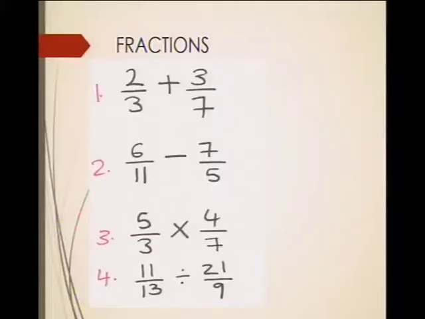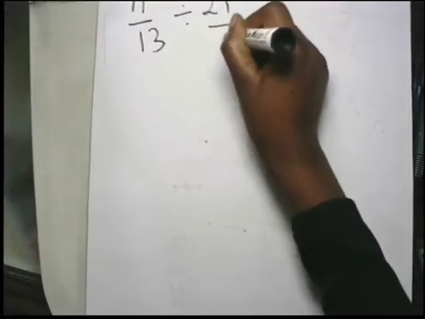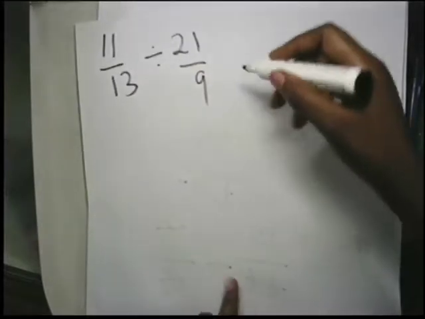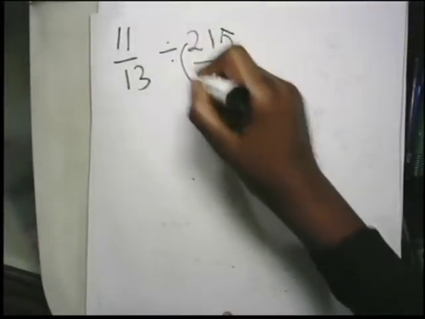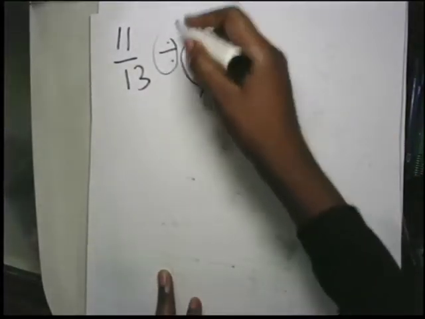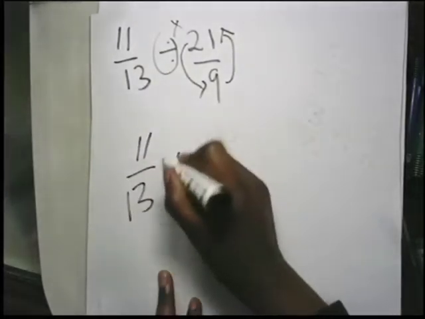When it comes to division of fractions, we have 11 over 13 divided by 21 over 9. Okay? The rule here is you have to reciprocate the right-hand side fraction. What is on top comes down, what is down goes on top. And then this sign will change to multiplication, and then it becomes simpler for us.